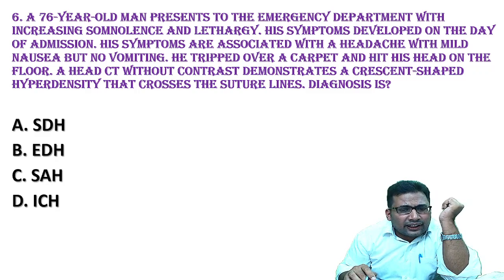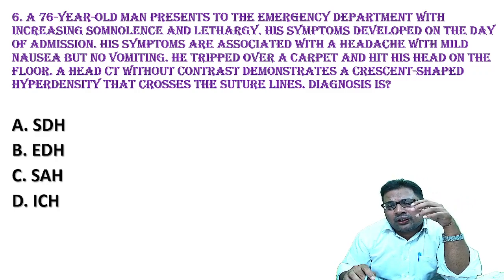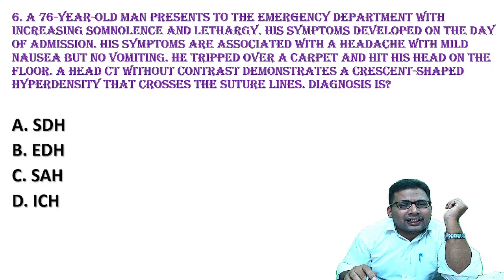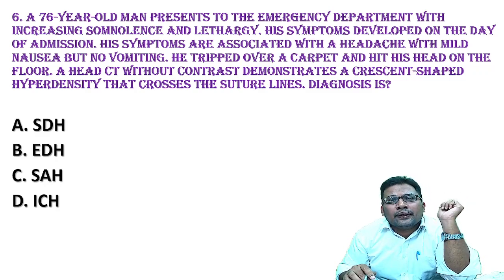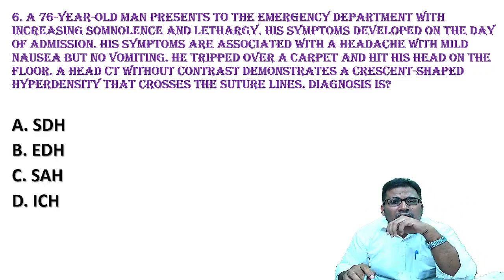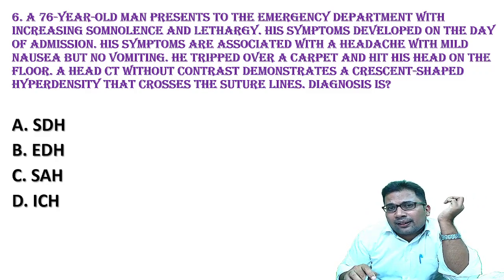So vomiting is not there. There is history of fall, and crescent shaped hyperdensity crosses the suture line, and all these signs and symptoms go in favor of dash. Subdural hematoma, extradural hematoma, subarachnoid hematoma, intracerebral hemorrhage.